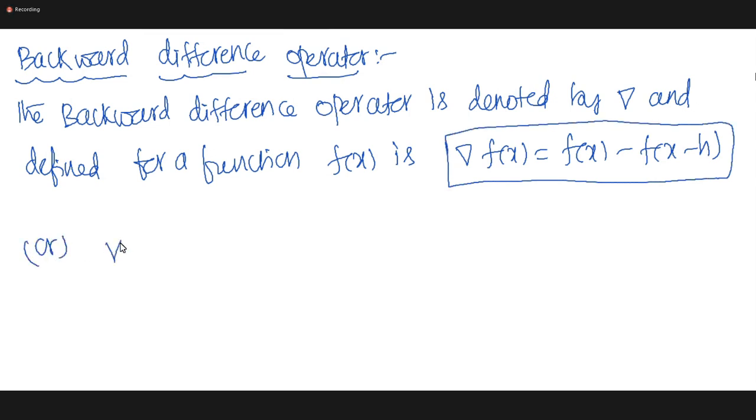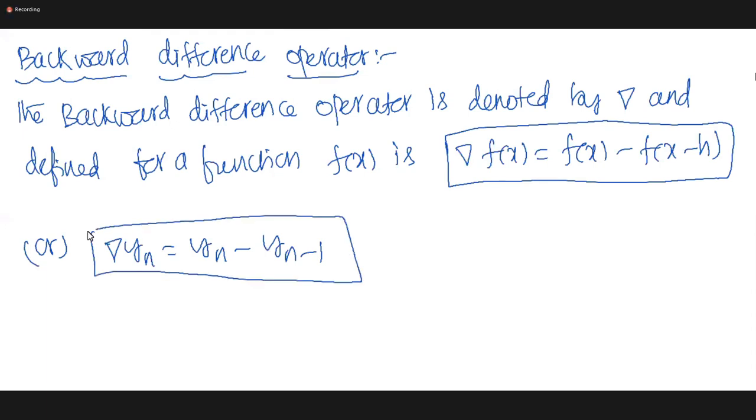Or del yn is equal to yn minus yn minus 1. So this is the backward difference operator for a recurrence function yn, for n is equal to 1, 2, 3, and so on.